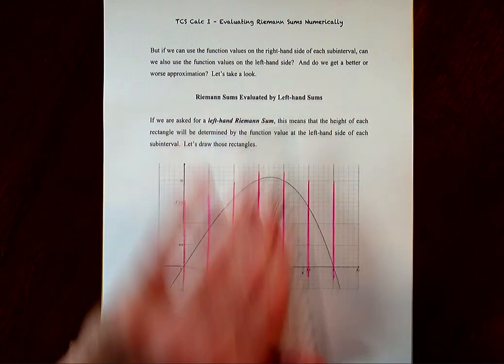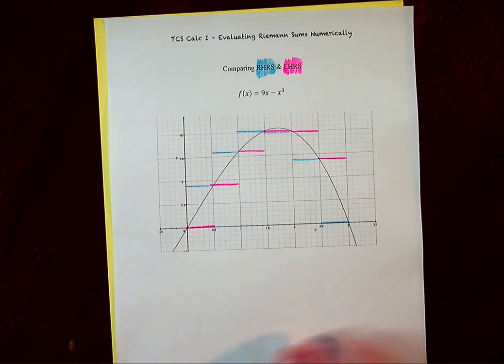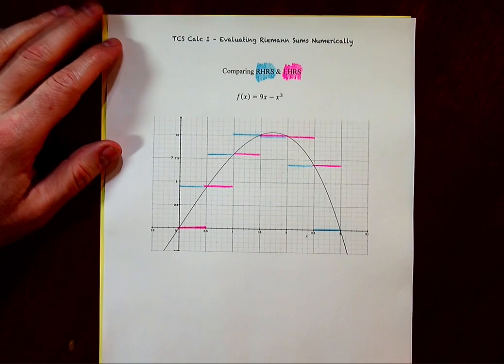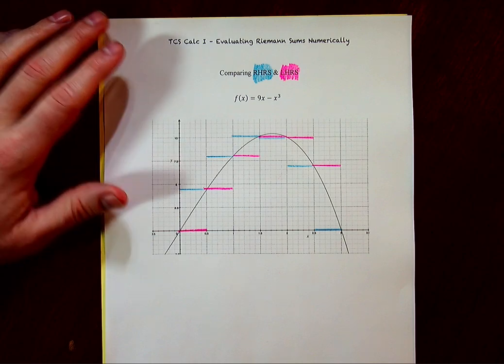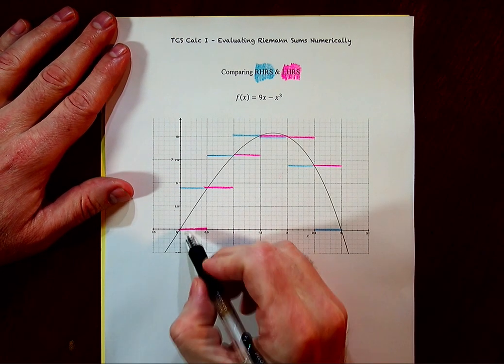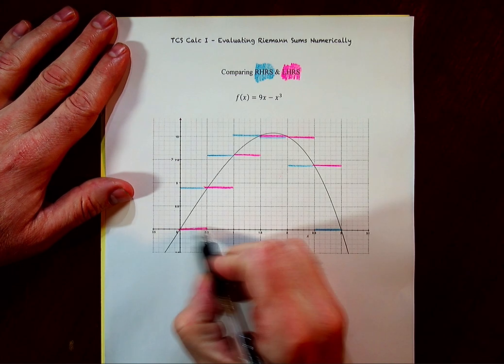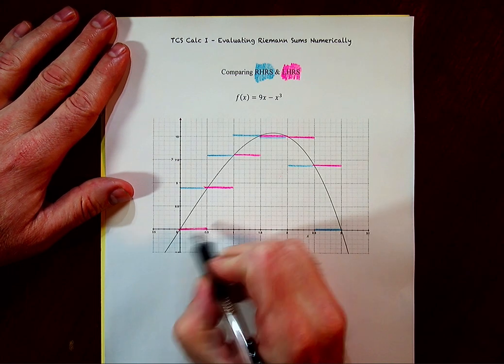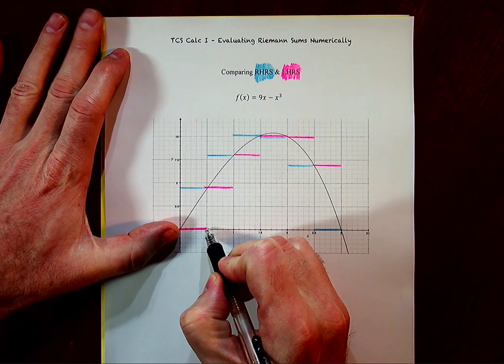Okay, and that's this. If we compare how we compute the heights of those, if you'll notice, this represents the height of the first subinterval for the left-hand Riemann sum in this interval.